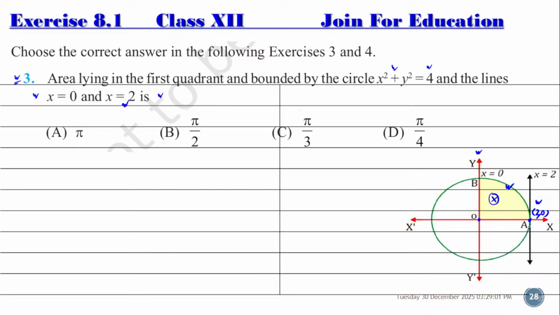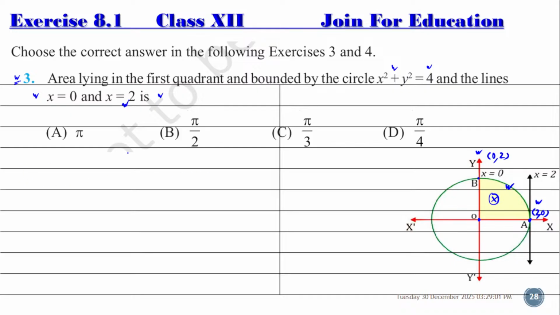The coordinate of A is 2, 0. And when x equal to 0, then y equal to 2. So the coordinate of this point is x equal to 0, y equal to 2. So here x changes from 0 to 2. So the area will be what? Y into dx. So let's see the solution of this question.